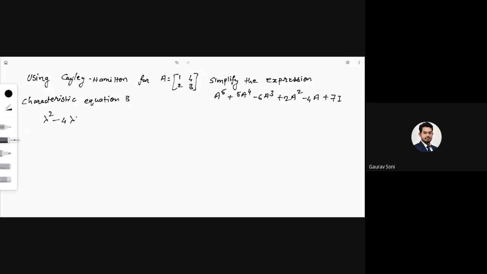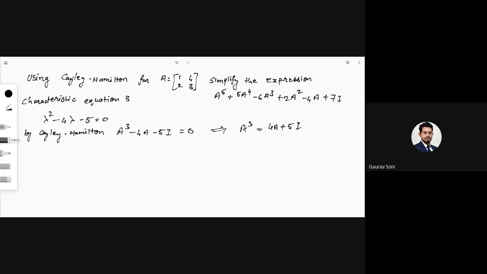Determinant is 3 minus 8, which is minus 5, is equal to 0. So by Cayley-Hamilton, we have A squared minus 4A minus 5I equal to 0, which will also mean that A cubed is equal to 4A plus 5I.